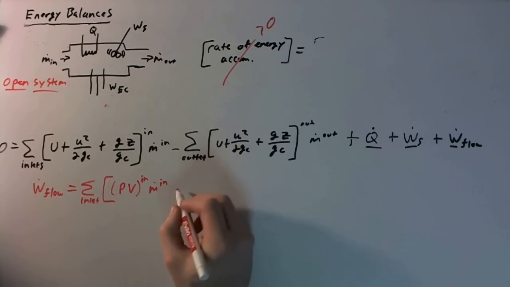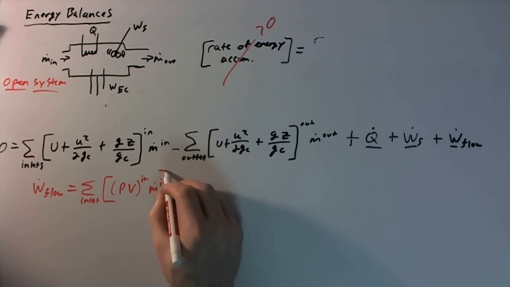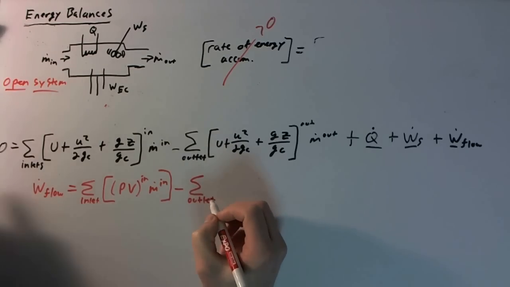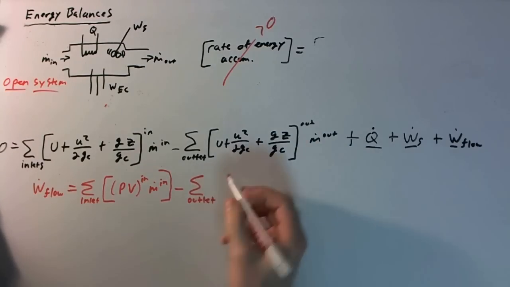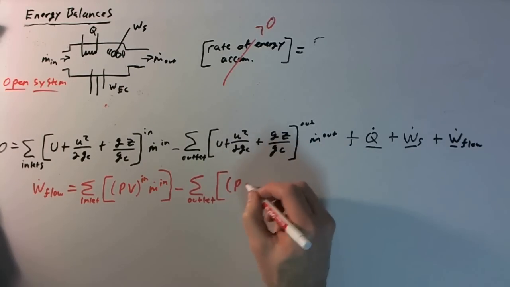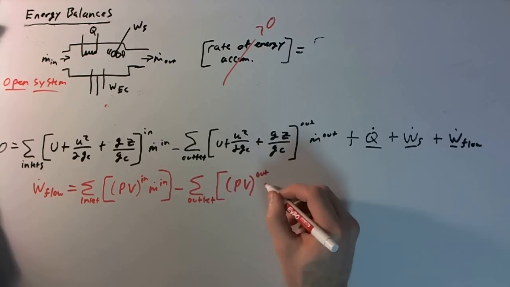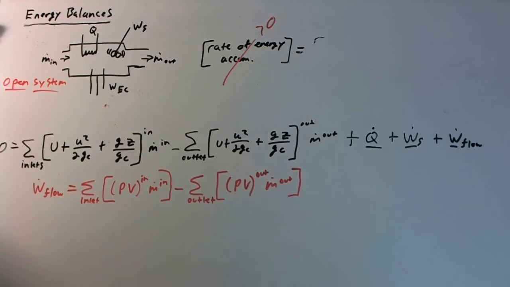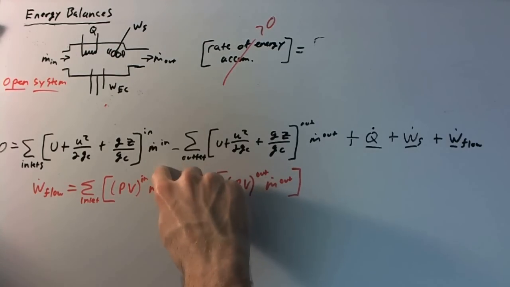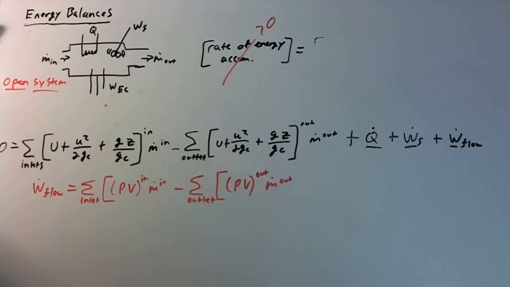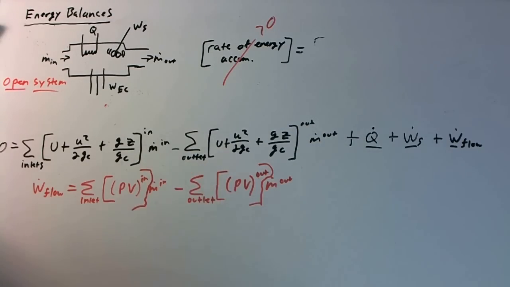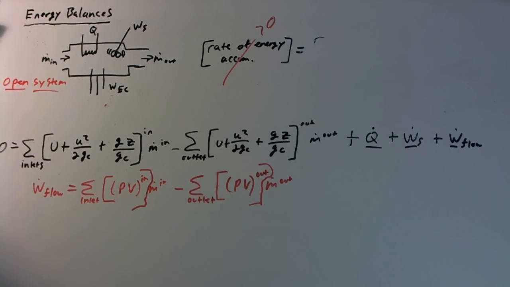And then we subtract from that the sum of the outlet, right? We have work coming in and then we have work going out. So again, pressure times volume, out, times the mass flow rate out, right? And so therefore, actually these brackets should be like this, right, and like this. So not summing the mass flow rate, right?